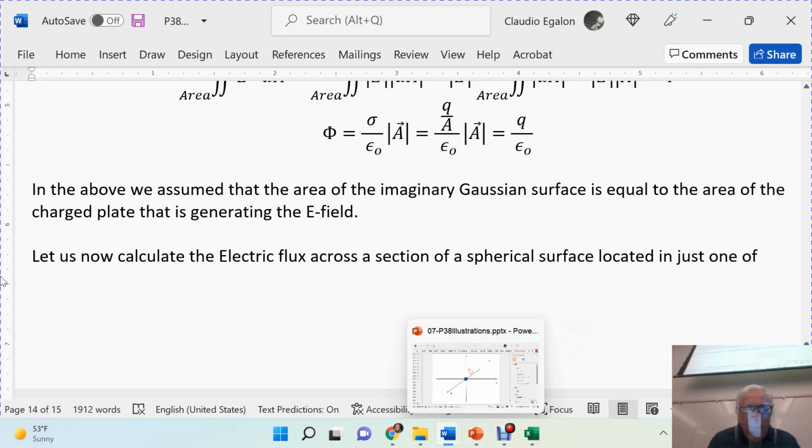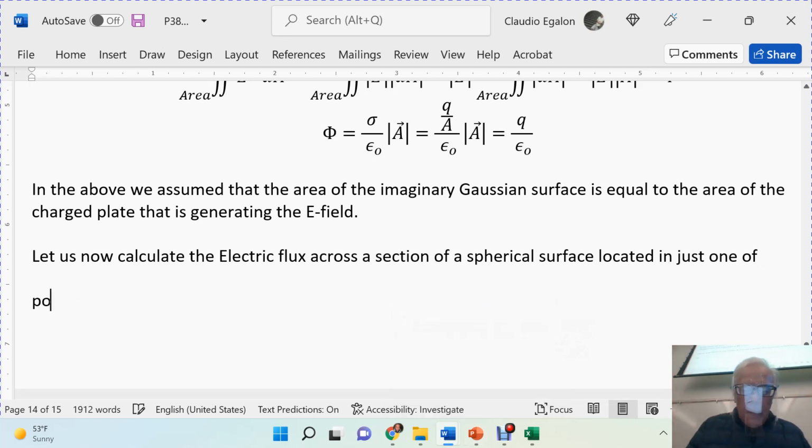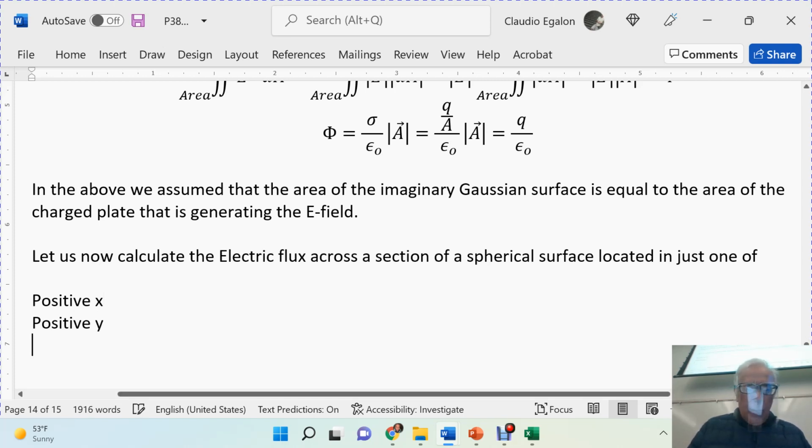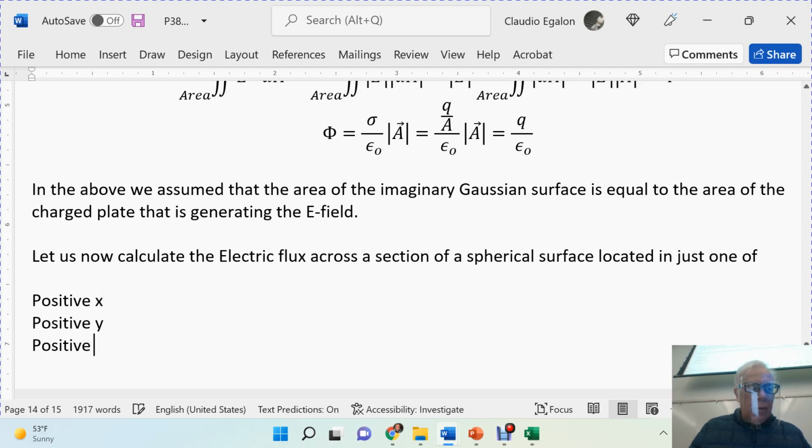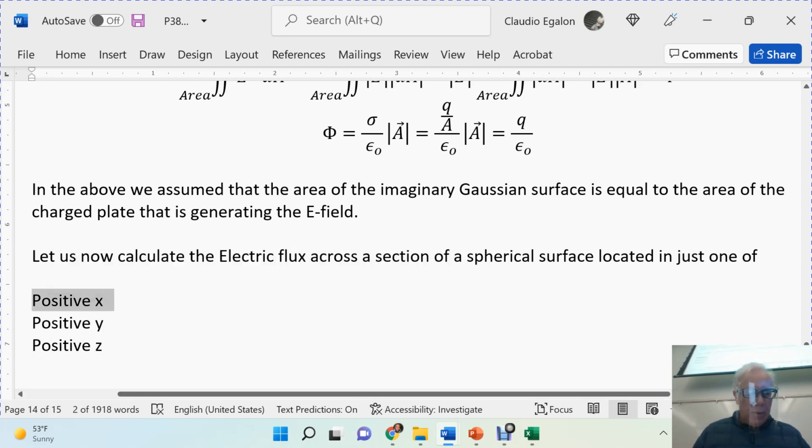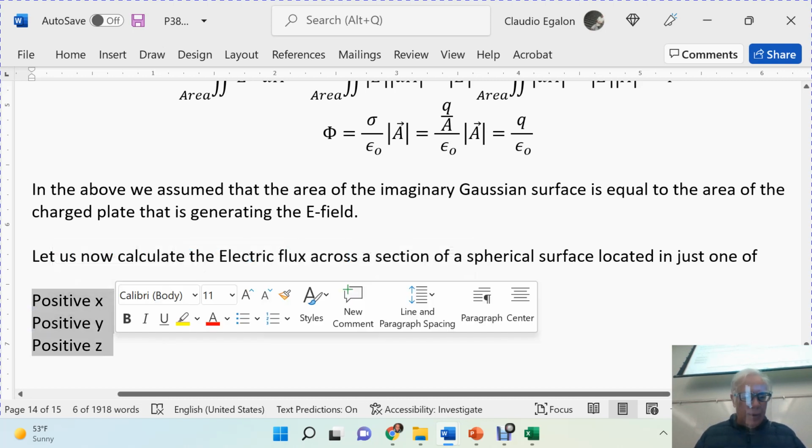Let's keep track here. We have positive x, positive y, and positive z. And then we have negative x, y, and z. Let's make sure it's 8, really.